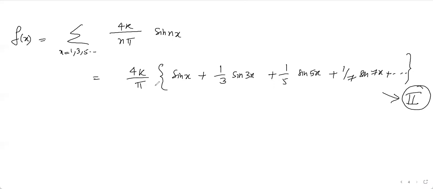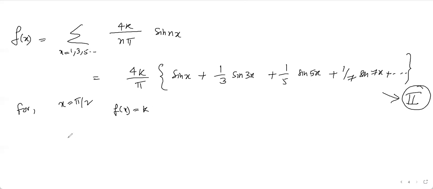Now we have to deduce that pi by 4 is 1 minus 1 by 3 plus 1 by 5 and so on. So let us substitute x as pi by 2. For x as pi by 2, we have f of x, which is k.